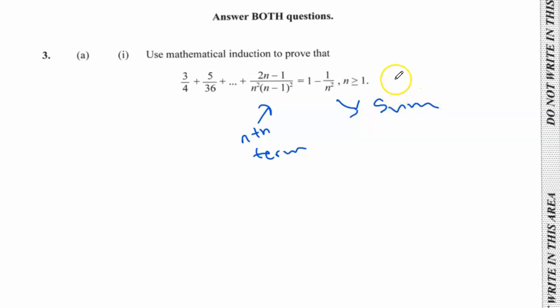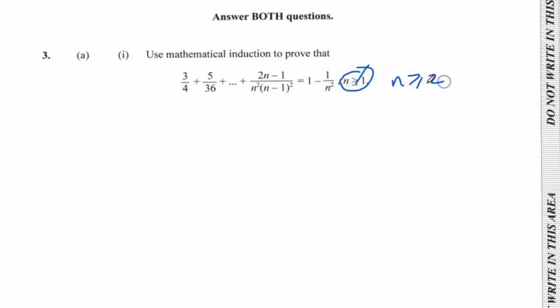Notice when n is 1, it's undefined. So this series actually seems to start when n is 2. So I think there's probably an error here. This should be for n greater than or equal to 2.